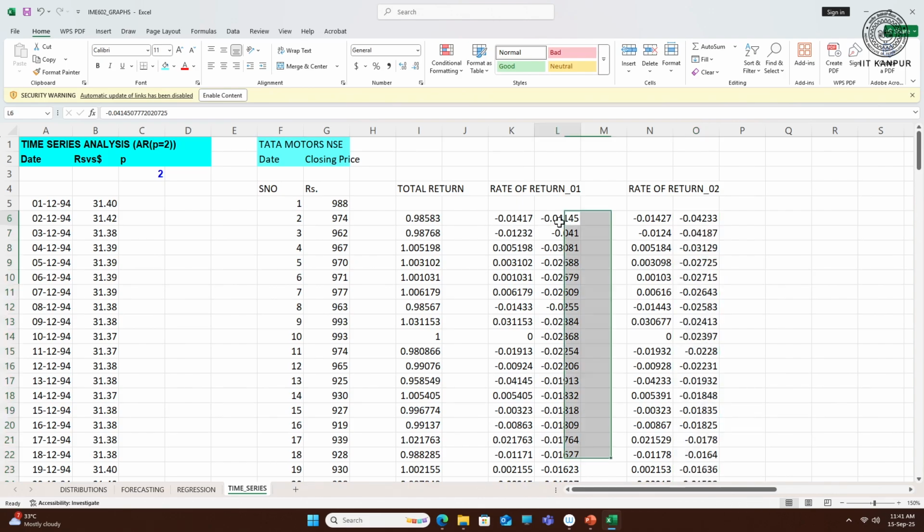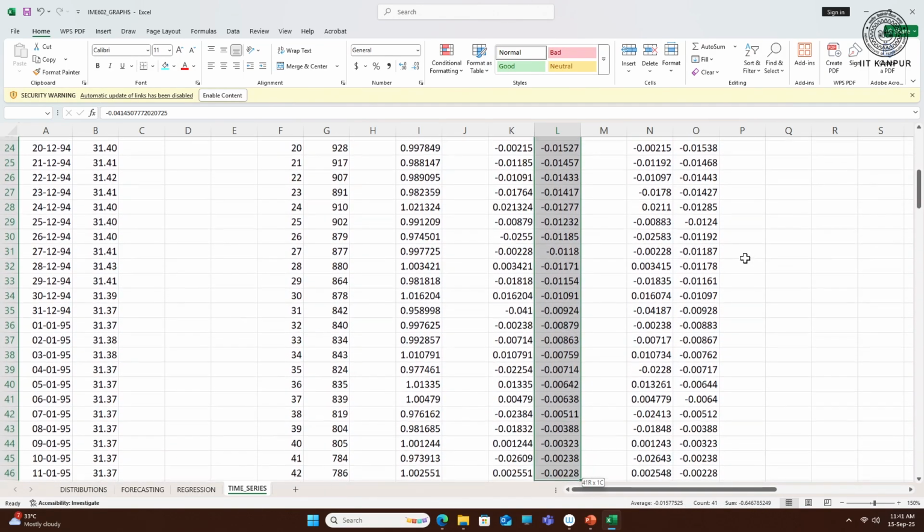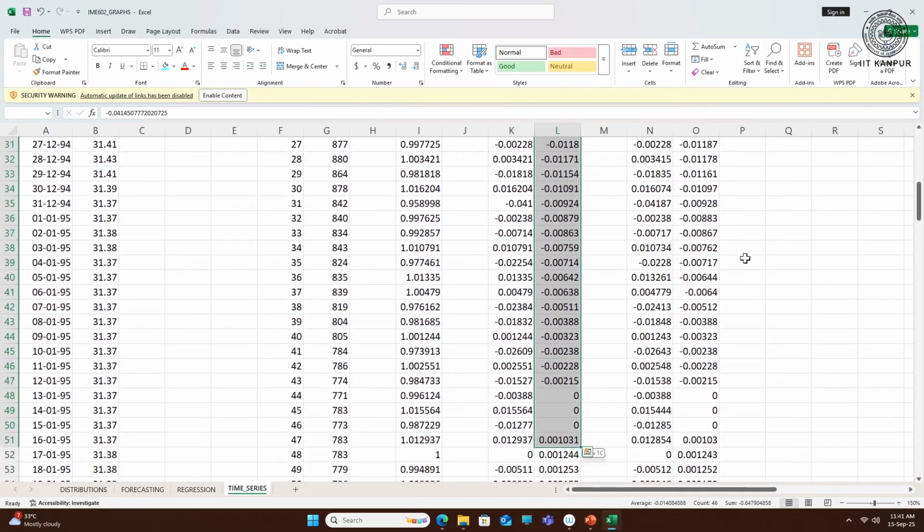Now, what is to be done is this: if I plot only the negative values and only the positive values, how they look, that you will understand. So, I am only plotting the negative values.